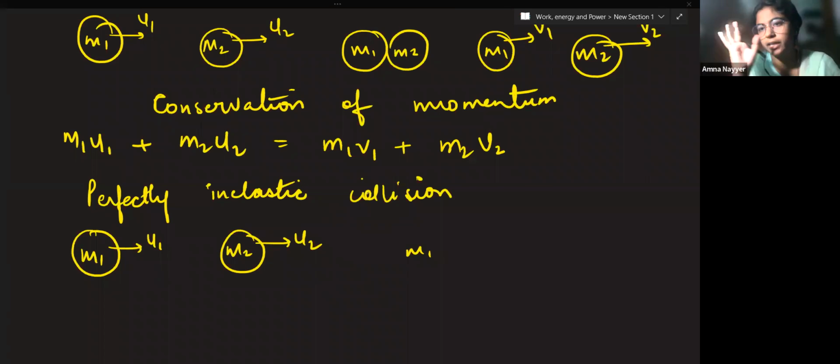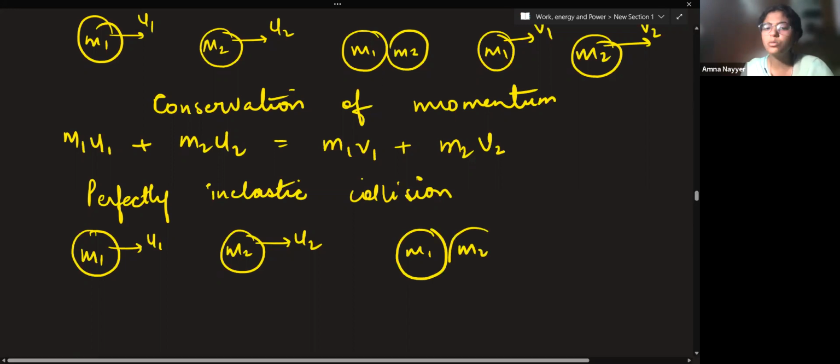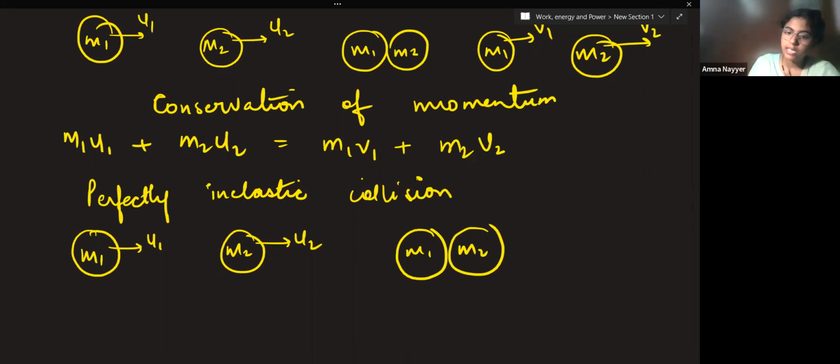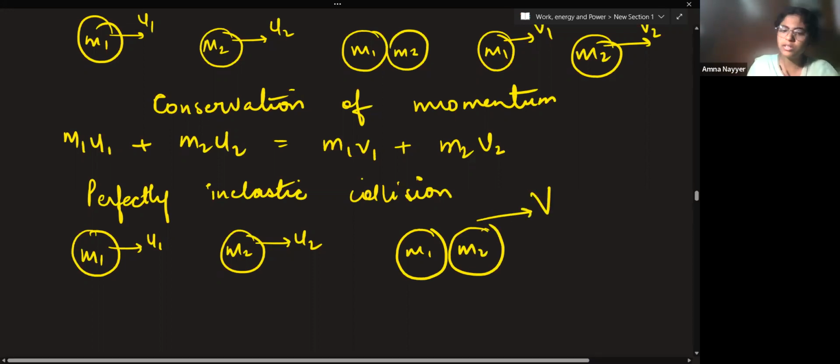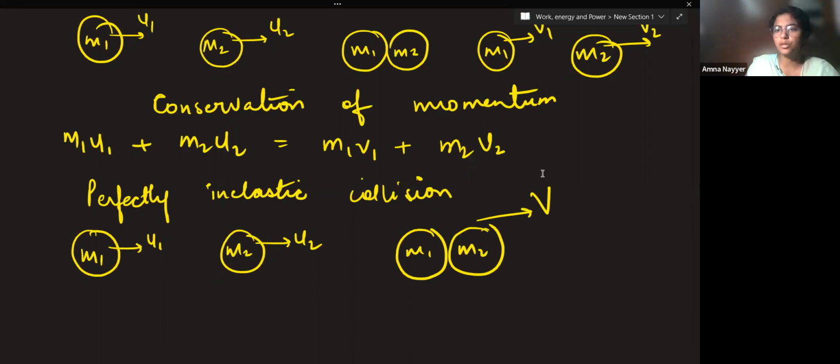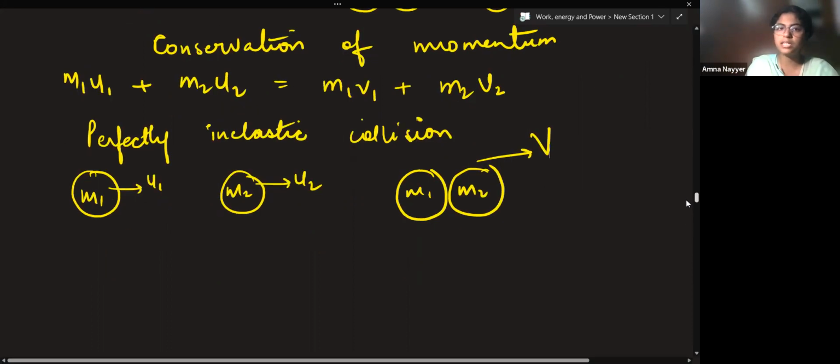Now see, in case of perfectly inelastic collision, what will happen? m1u1, m2u2. Now both the bodies stick to each other and do not get separated. That collision is known as perfectly inelastic collision. So both will have a common velocity v, right? Now apply conservation of momentum. Again, this was the initial momentum.